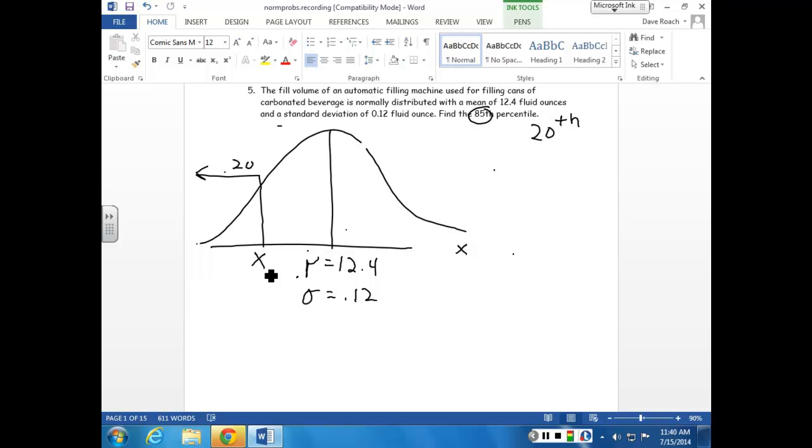From here down is 0.5. So this area, remember we can only go from the mean to some point. This area is 0.3. It's just 0.5 minus 0.2.